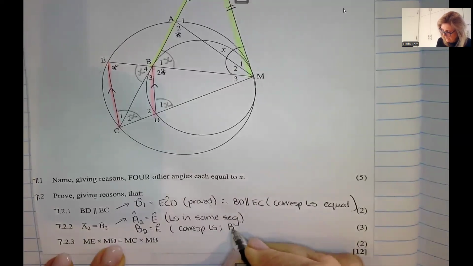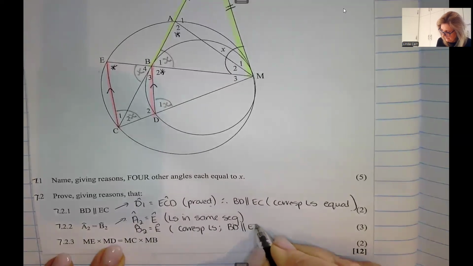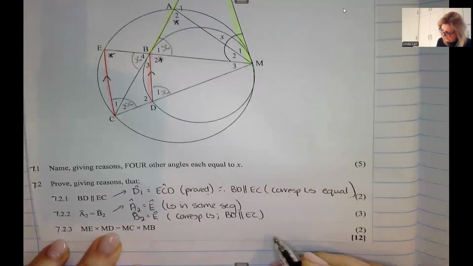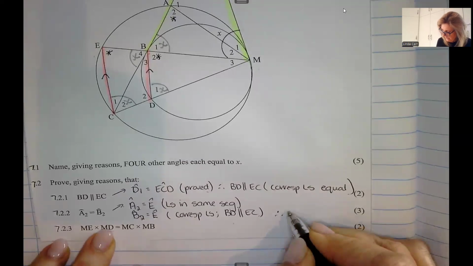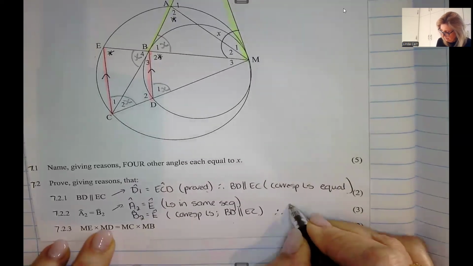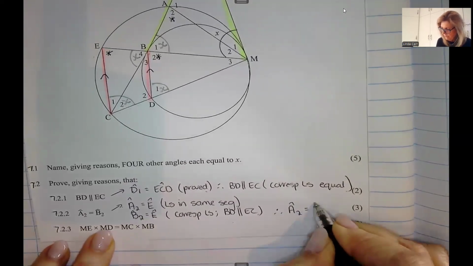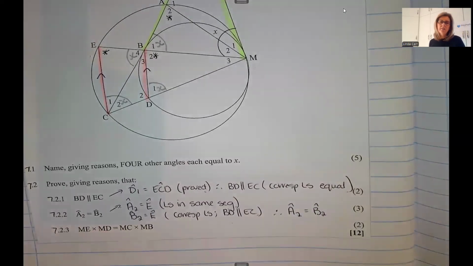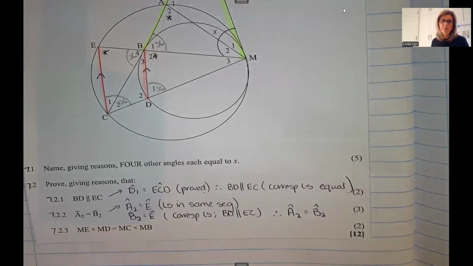Don't forget to name your parallel lines. And conclusion, therefore, is A2 must equal B2. It's classic logic there. They're both equal to E, therefore they're equal to each other.